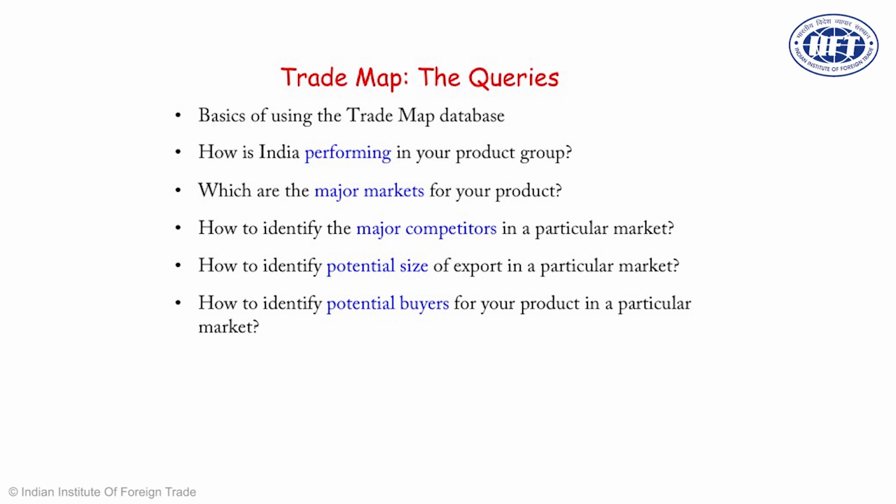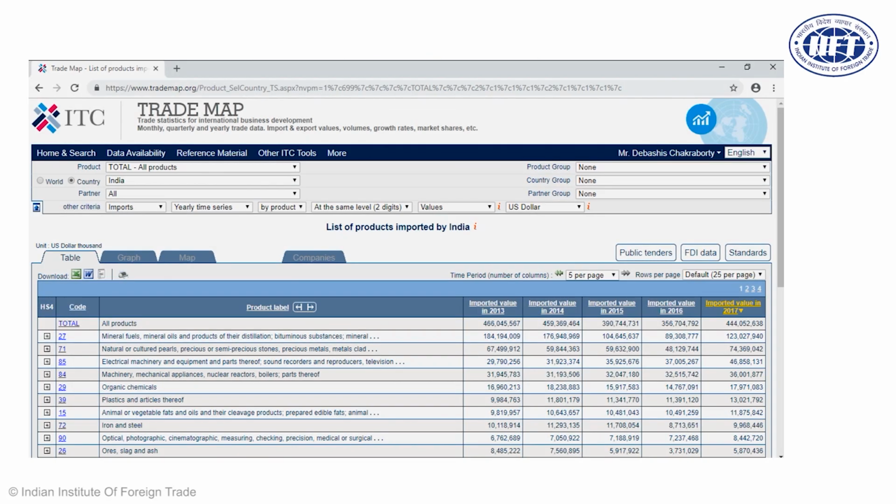Let me come into the TradeMap database output. If you do not have any membership of TradeMap, then you can just open it, go for login, and create your own user ID and password, which you can use from your office, home, anywhere. And it's a free database maintained by UN. So here the database can be used in the following fashion.